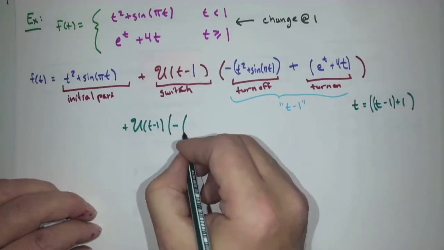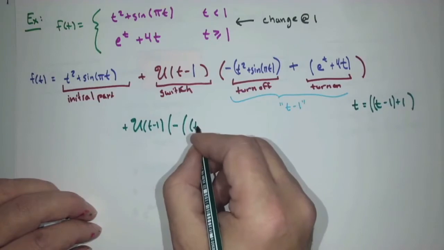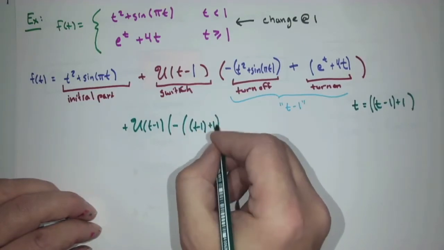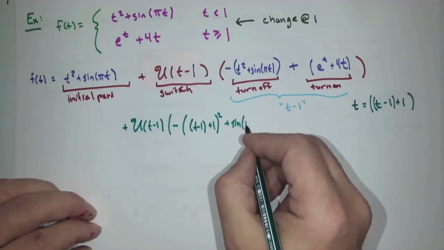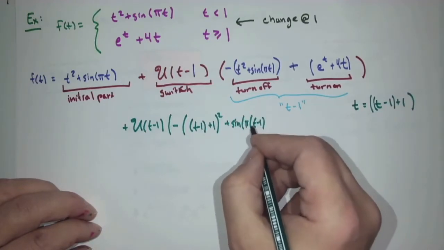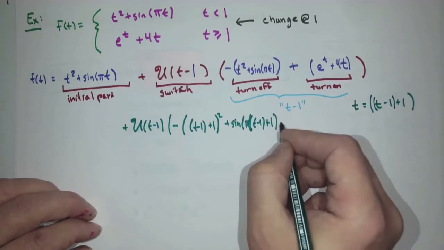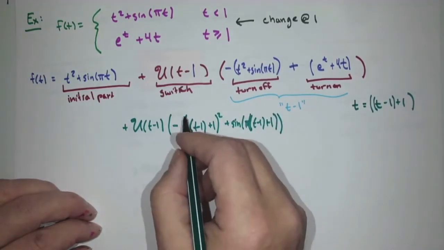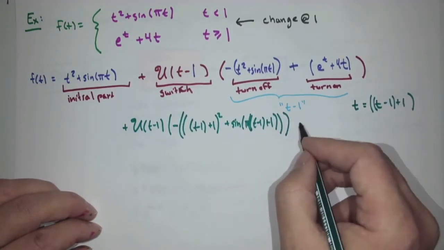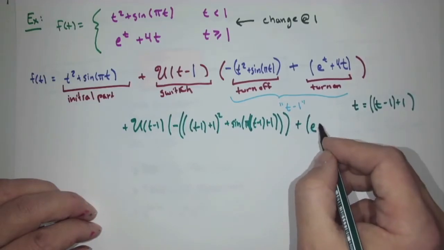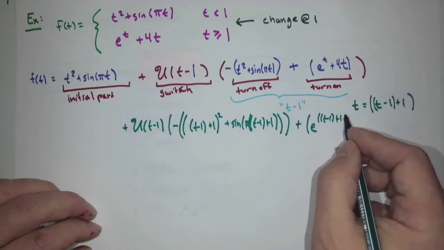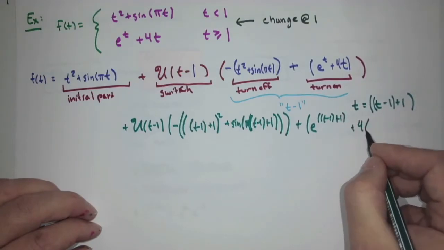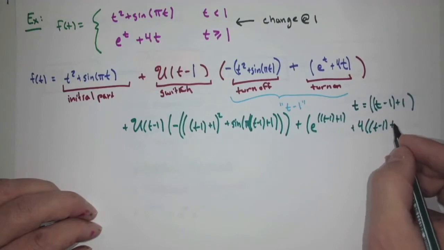So instead of t squared, well, it's (t minus 1 plus 1) squared. Sine of pi (t minus 1 plus 1), plus e to the (t minus 1 plus 1), plus 4 times (t minus 1 plus 1).